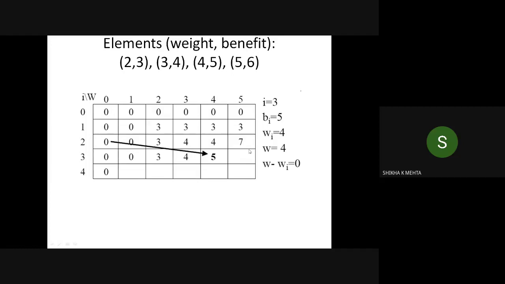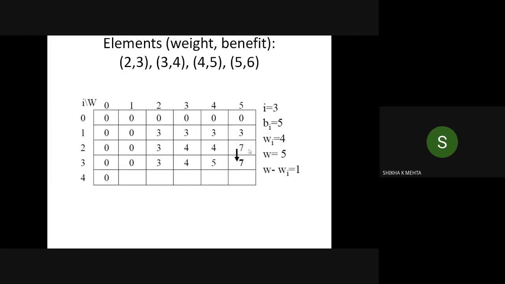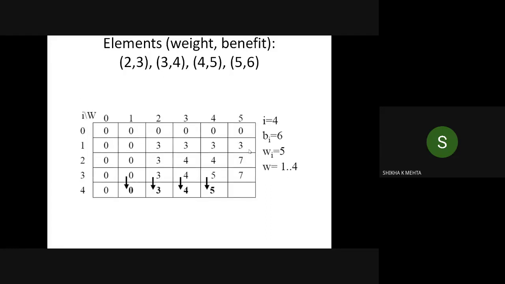So we take up these 2 items in this particular capacity. Similarly, we do the same thing for the next item. Since it has a weight of 5, all the values for 0, 1, 2, 3, 4 are repeated, because this item cannot be accommodated in these particular knapsack weights.